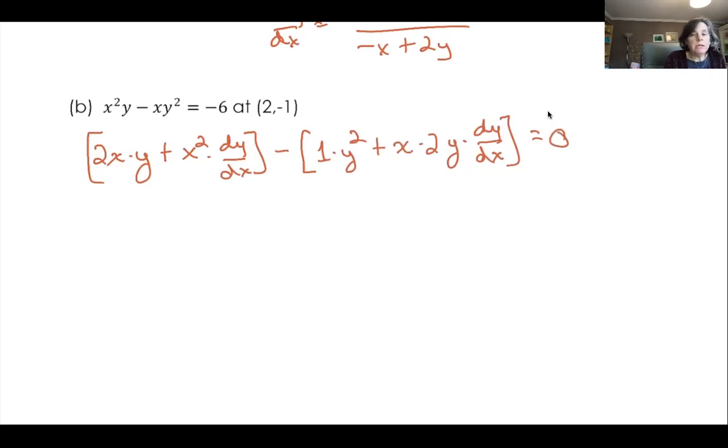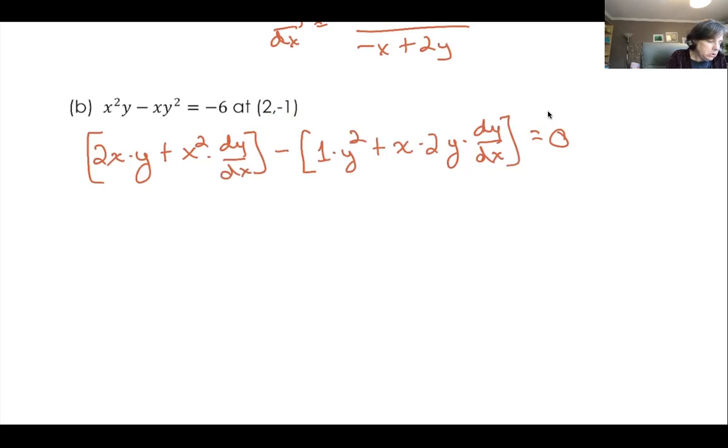Now I could solve for dy/dx. If you're asked for the derivative dy/dx, you should solve. However, here's a little hint. If what you're really after is the derivative at a certain point, you can plug in right now 2 for x and -1 for y in this entire thing. So I'm going to do that.